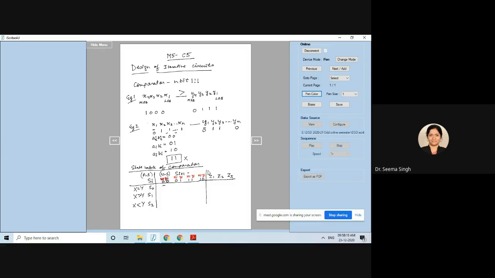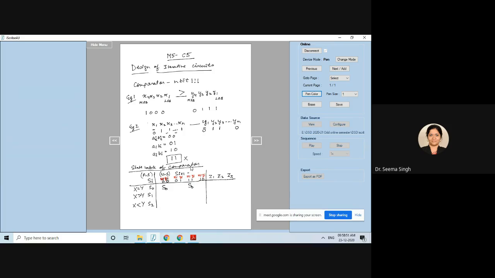If both x and y are 0, it is equal. Yes or no? It is equal. Same way, when I say xi and yi as 1 and 1, both are equal. So it was equal, it remained equal, which means it will remain in S0 state of equality.